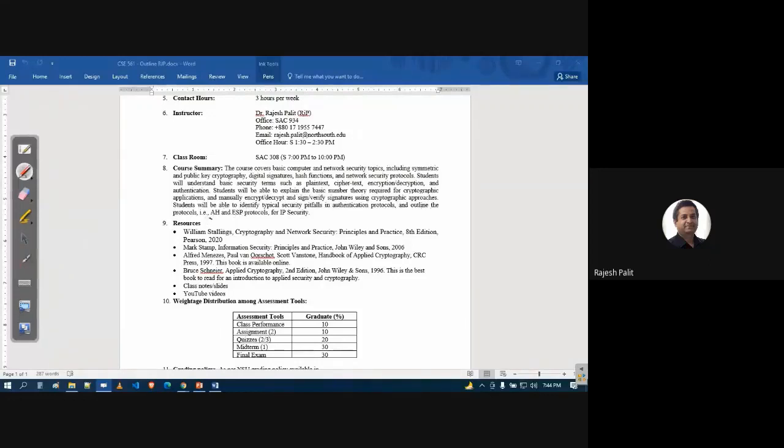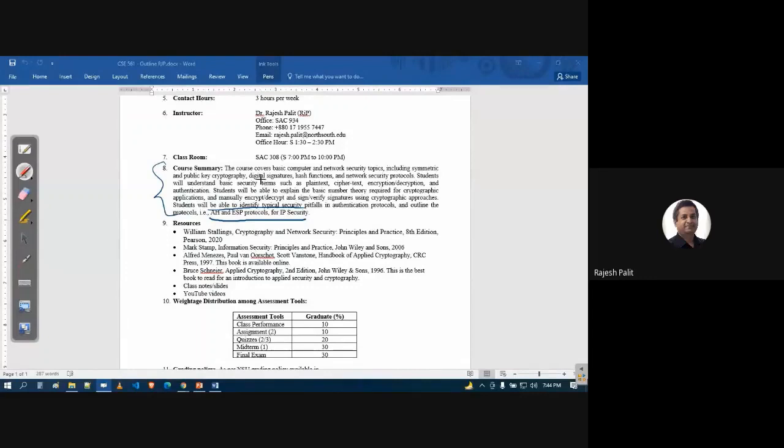These include the authentication header, HTTPS or SSL in the application, and IP security. So this is the summary of what we will be learning in this course.